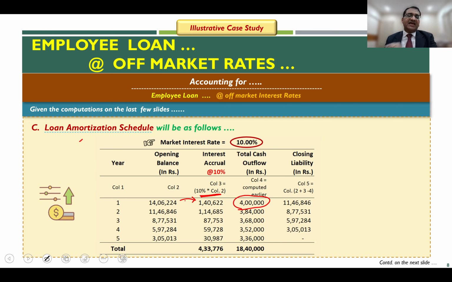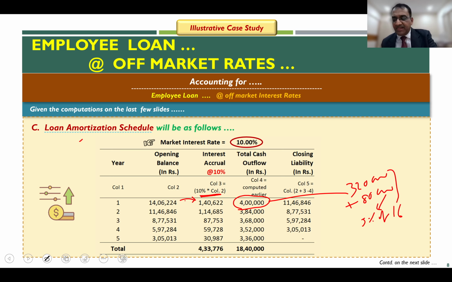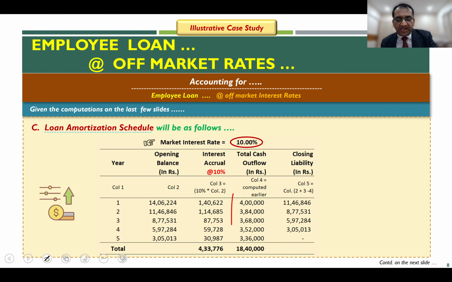If you remember in the last slides, we have computed for this first year, 4 lakh is nothing but 3,20,000 of your principal repayment, 1/5, plus 80,000 of your first year interest. What is 80,000? 5% of 16 lakhs. So this column of the table I have brought forward as we have computed in the earlier slide.